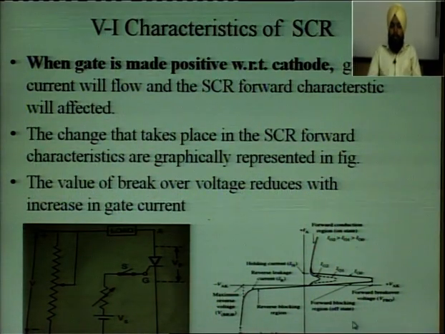So, the value of breakover voltage reduces with the increase in gate current. Actually what we are doing is reducing the value of forward breakover voltage. So, by increasing the gate current, we reduce the forward breakover voltage point.